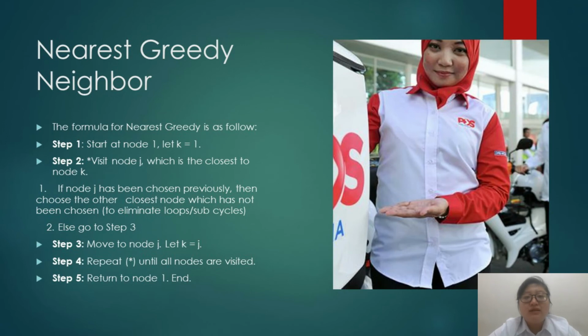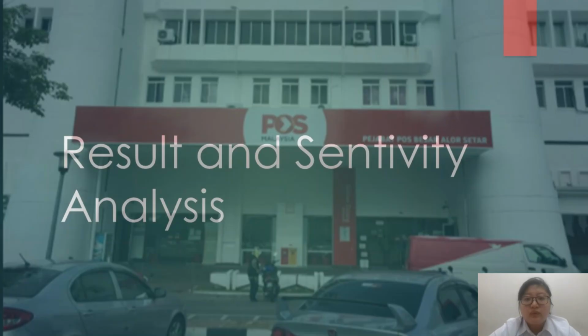And the second method is the nearest greedy neighbor. We can define the nearest greedy neighbor method as an algorithm that finds the next nearest city or Mukim around Jitra in Kedah.